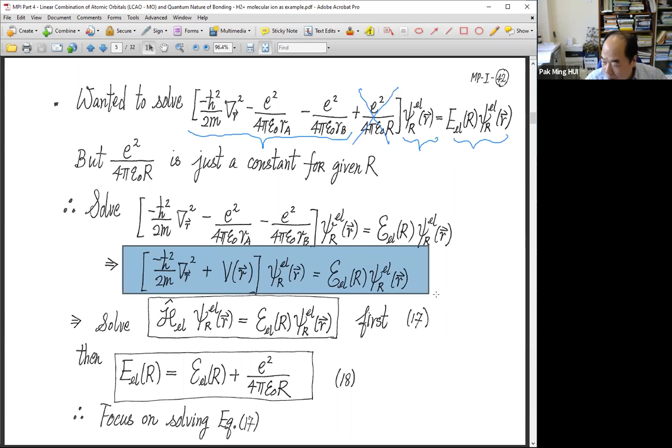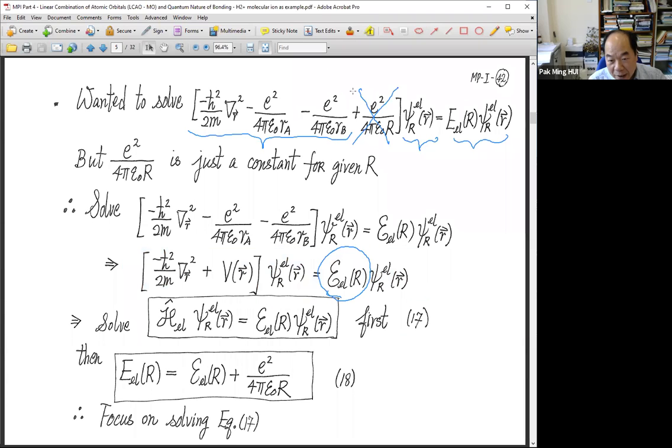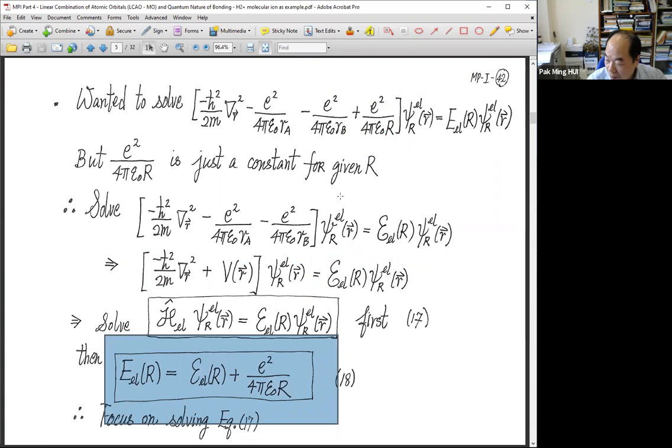If I solve this problem, I call this eigenvalue the discrete energy, E. And after I solve this, at the end, I add back this constant, and that will be my energy for this original problem. Okay? That's all this page is saying. There's a constant, don't worry about it. We do the important part first, and at the end, add this thing back, that's it.